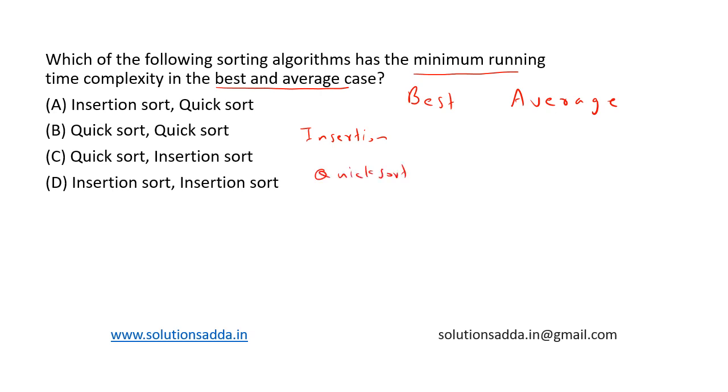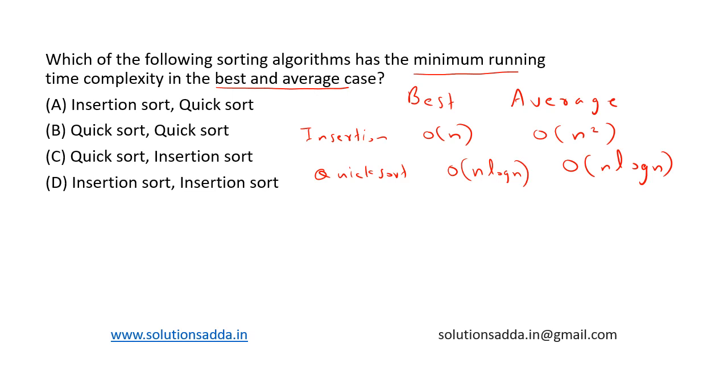For insertion sort, the best case running complexity is order of n if the array is sorted, and the average case is order of n square. For quicksort, the best case is order of n log n, and the average case is also order of n log n. So the question is asking regarding the minimum running time in the best and average case.